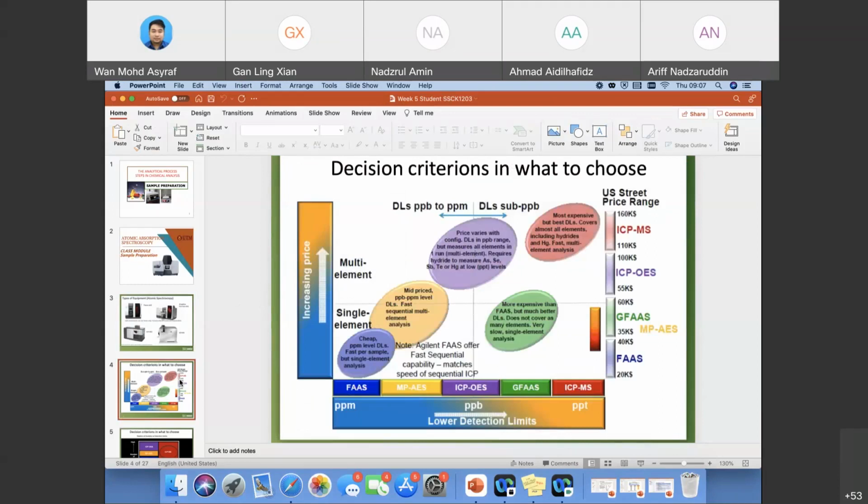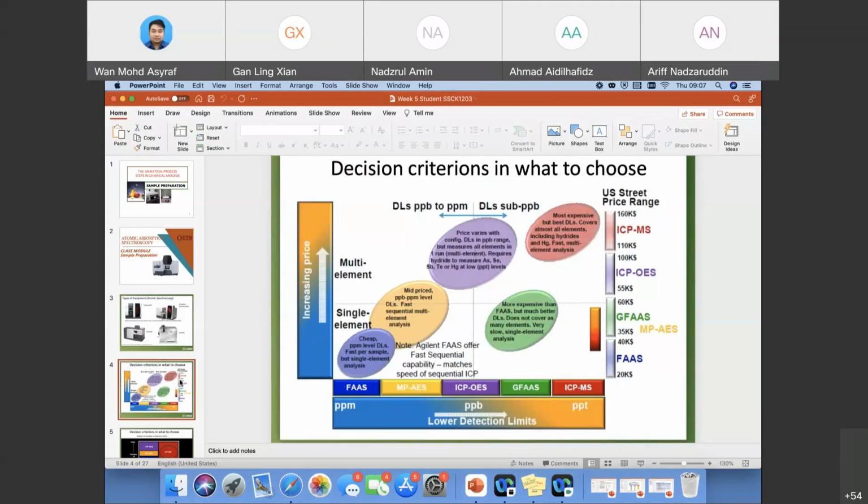I've also moved on to the different criteria for choosing which instrument to use. So now you need to imagine yourself receiving the sample. In chapter 1, you learned how to do the sampling process, sample preservation and storage.